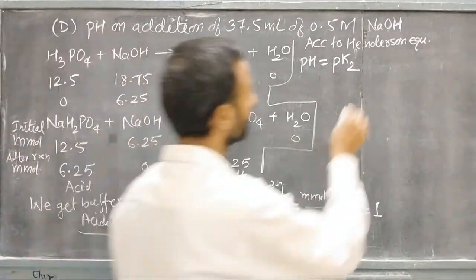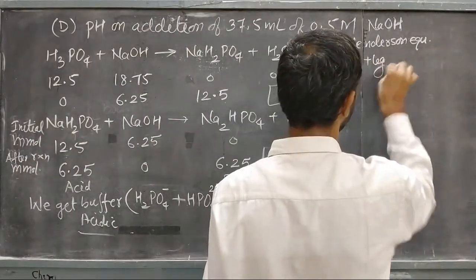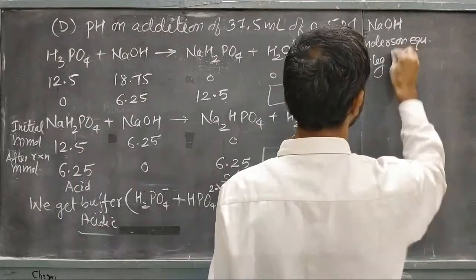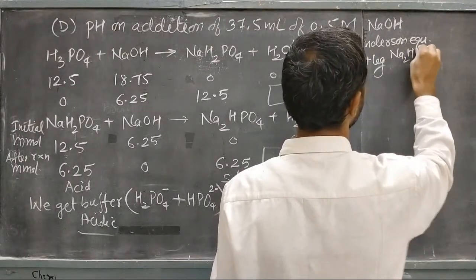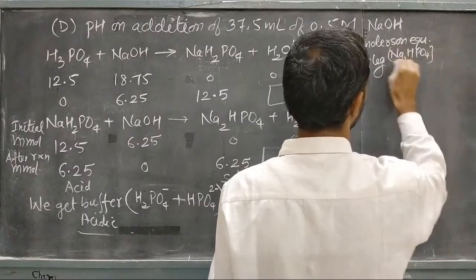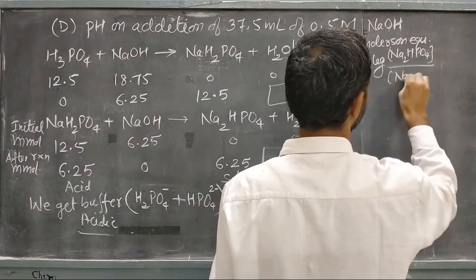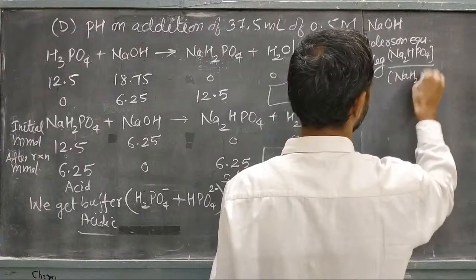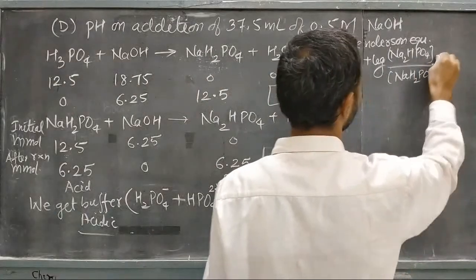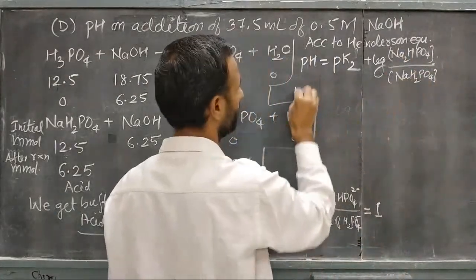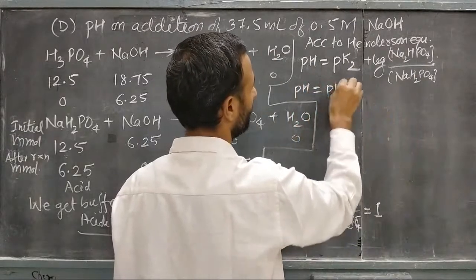So pK2 plus log of salt over acid, and this is 1, so pH is equal to pK2.